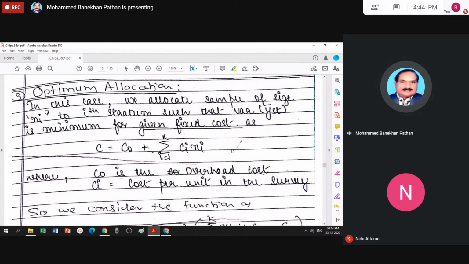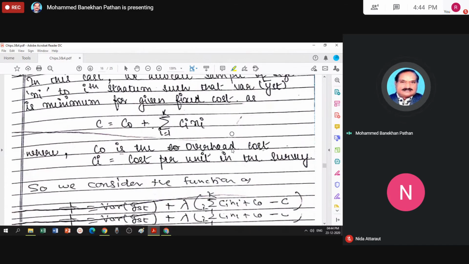So I want to decide small ni which minimizes variance for given fixed cost. If I try to minimize variance for fixed sample size, that is Neyman allocation. That is the difference.